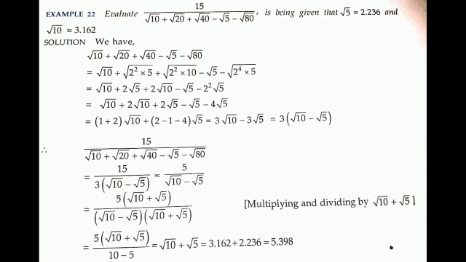Now we already have the value of root 10 as well as root 5. So putting those values, for root 10 it is 3.162 plus for root 5 it is 2.236, which gives 5.398.